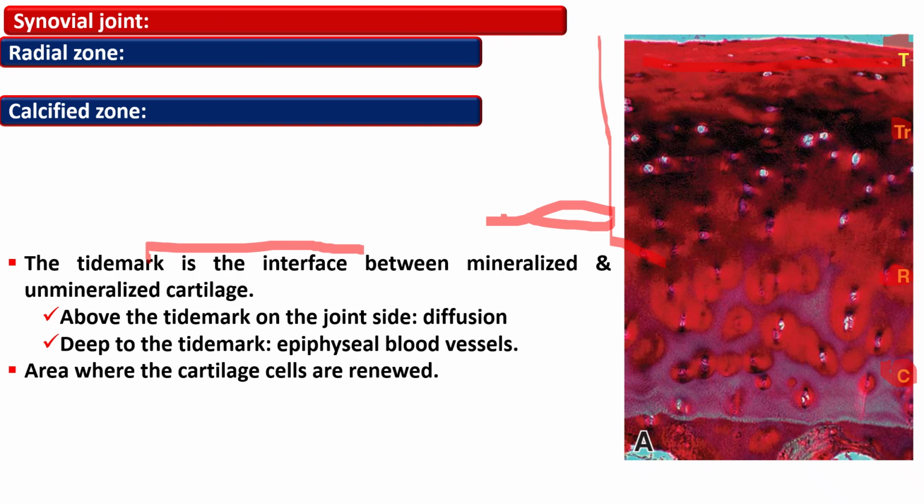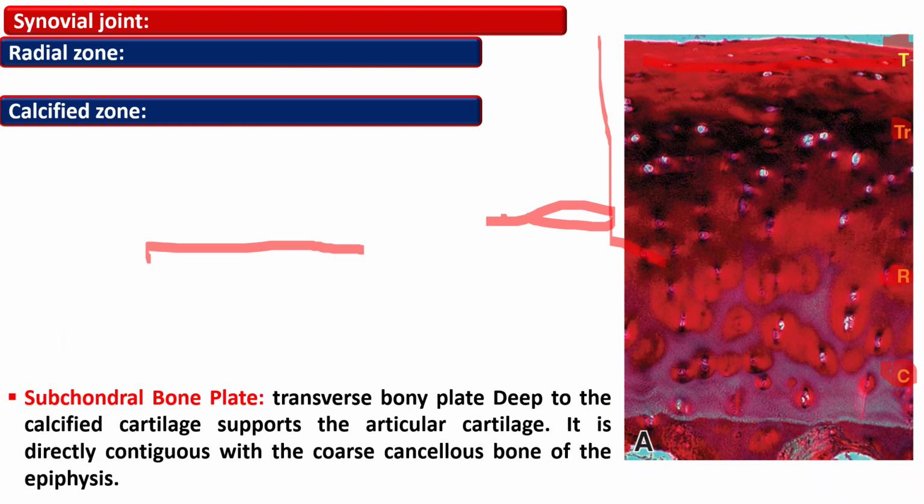Underneath this, there is the subchondral bone plate, a transverse bony plate directly contiguous with the coarse cancellous bone of the epiphysis.